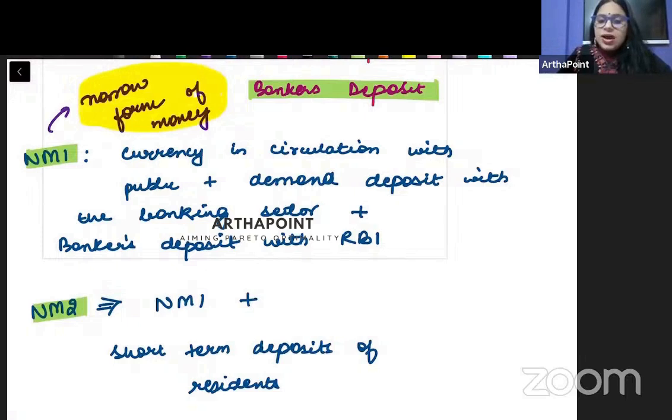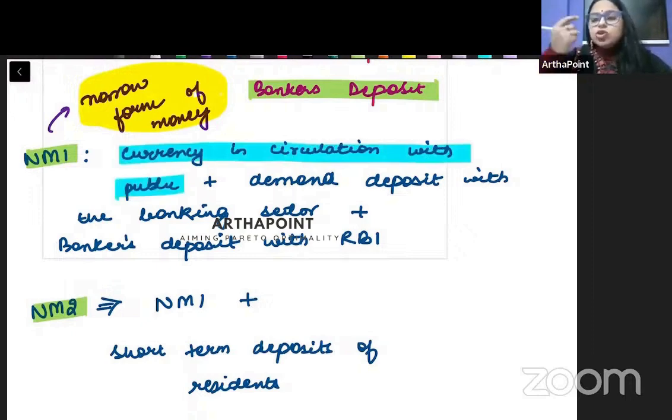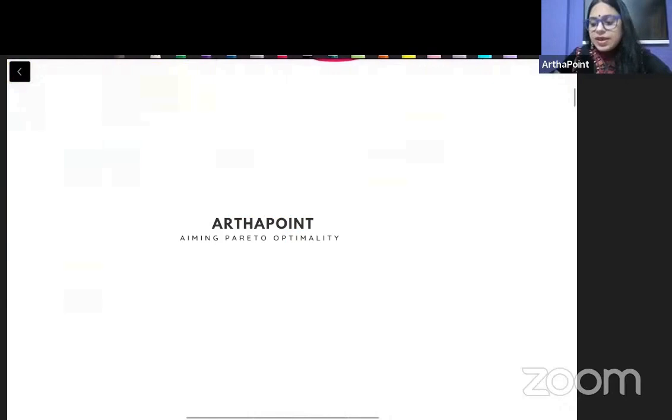Right, beta? अच्छा, अब इस NM1 में क्या आता था? What came in NM1? Currency in circulation with the public, जो भी currency बाहर है, वो आता था. Demand deposit with the bank and bankers' deposit with RBI. But a banker किस form में deposit करेगा RBI के पास?